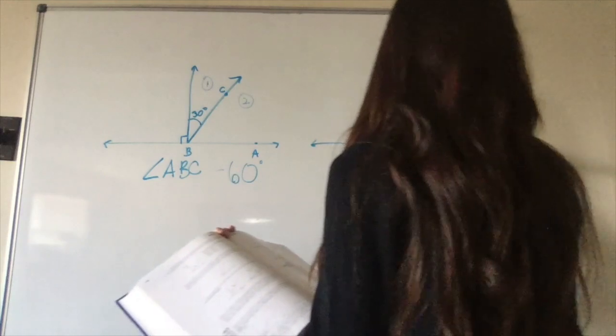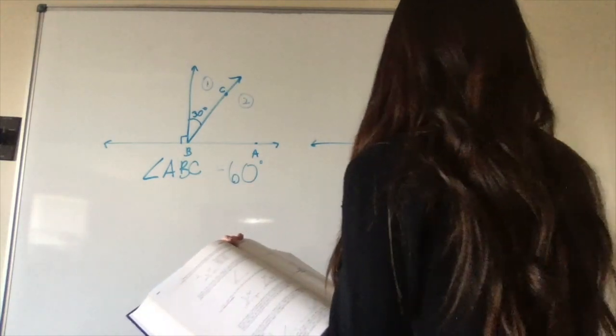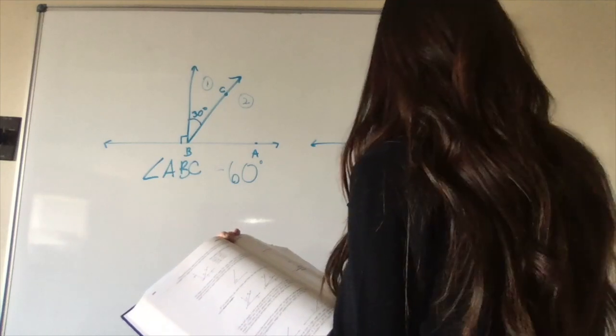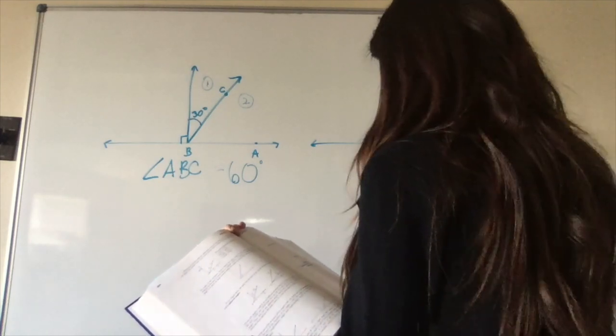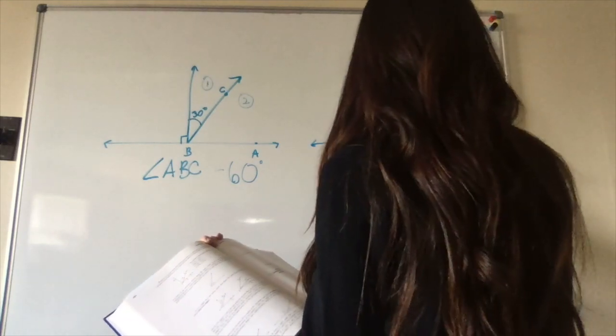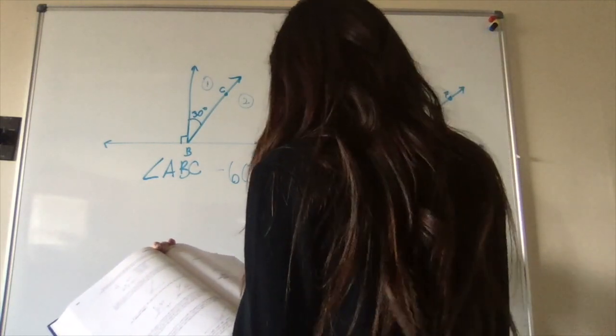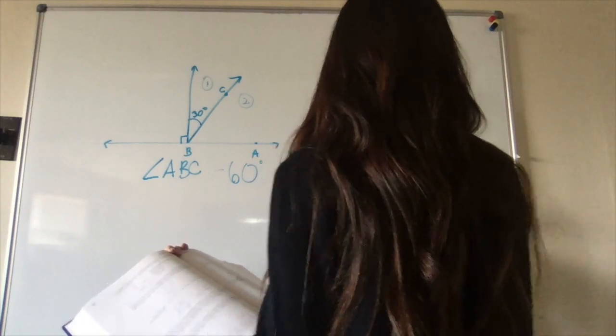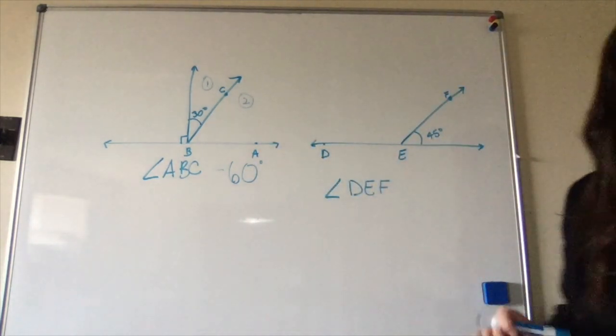Now the next portion of that example gives us another straight angle, and it gives us a line or a ray going up, and then it tells us the angle that that forms is 45 degrees, and then it labels F, E, D, and it wants to know the measure of angle D, E, F. Remember, F, E, D, and D, E, F are the same thing.